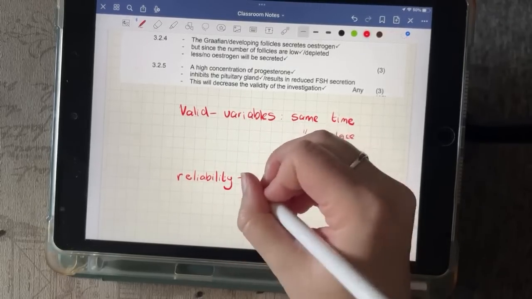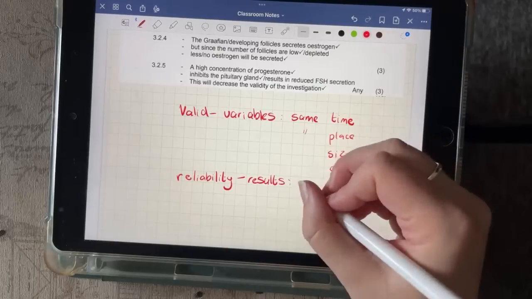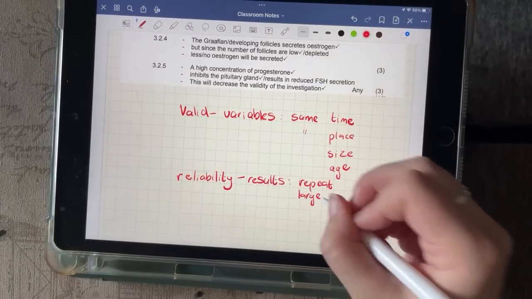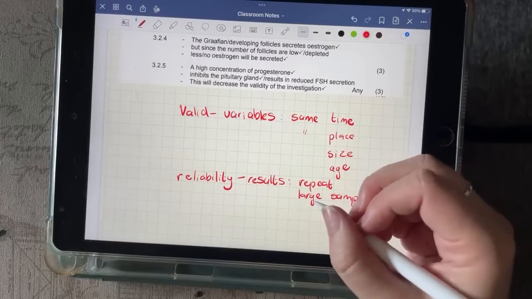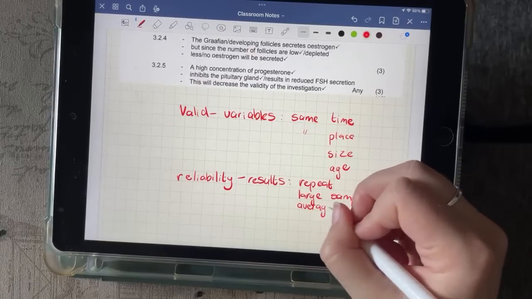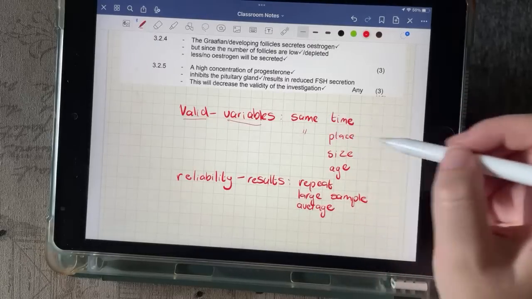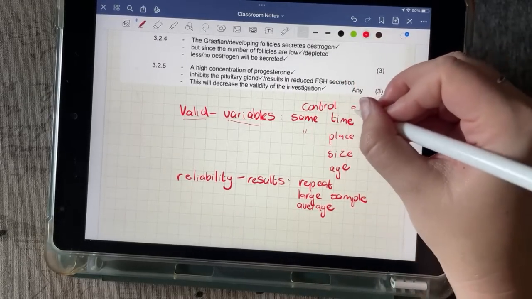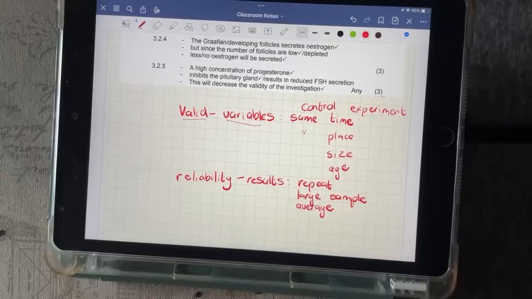So are the results reliable? And results are reliable if you repeat, if you have a large sample, and if you calculate an average. Oh, the one other one here under validity, by the way, which is not like same time, same place, is when you have a control experiment. That's the extra. Okay.